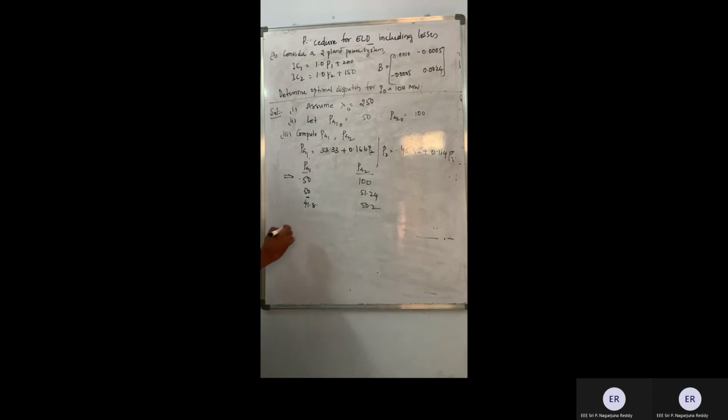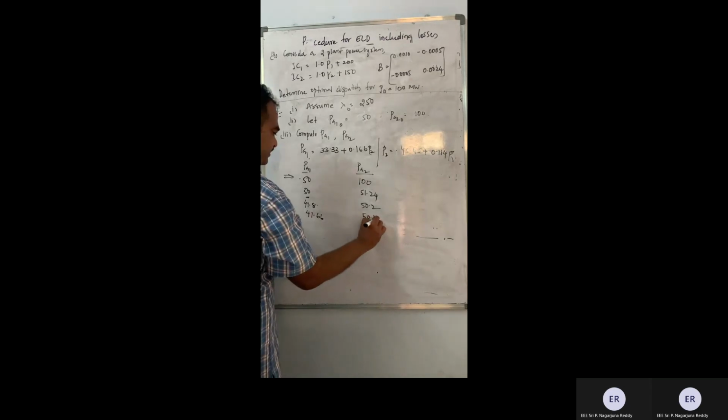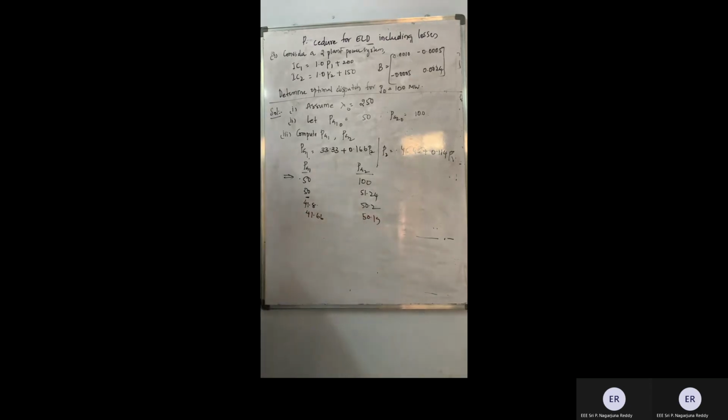So its value is 41.6. Now again, 41.66 is to be substituted in P2 now. Value is going to be 50.1. So if you carefully see now, the values are converging now.